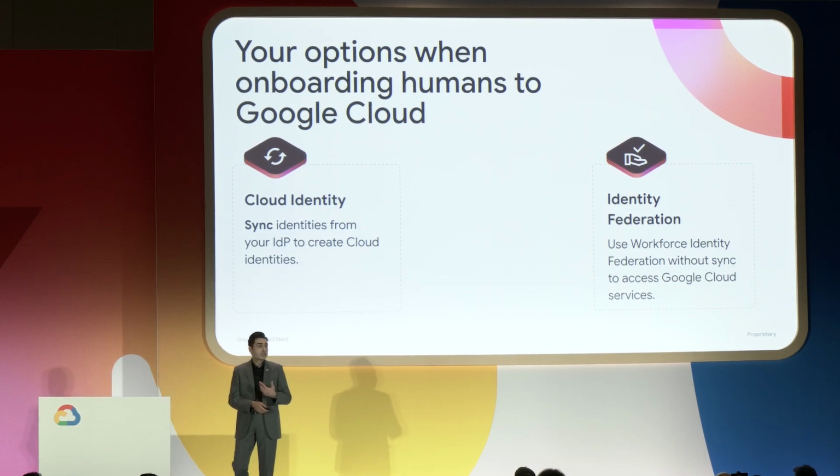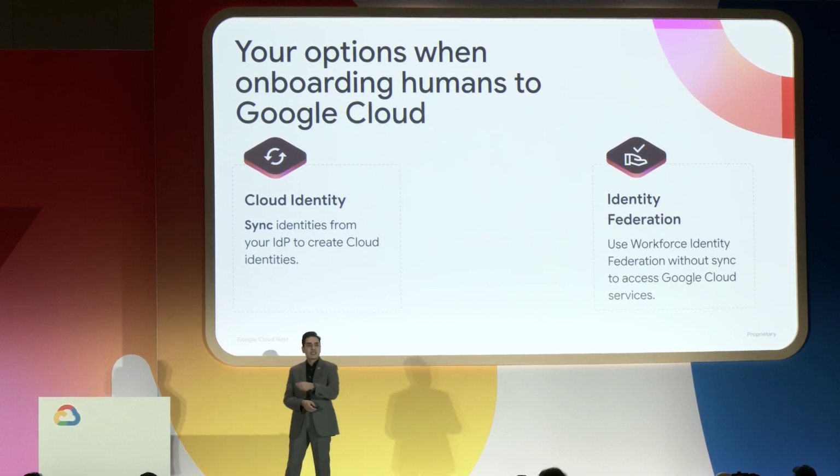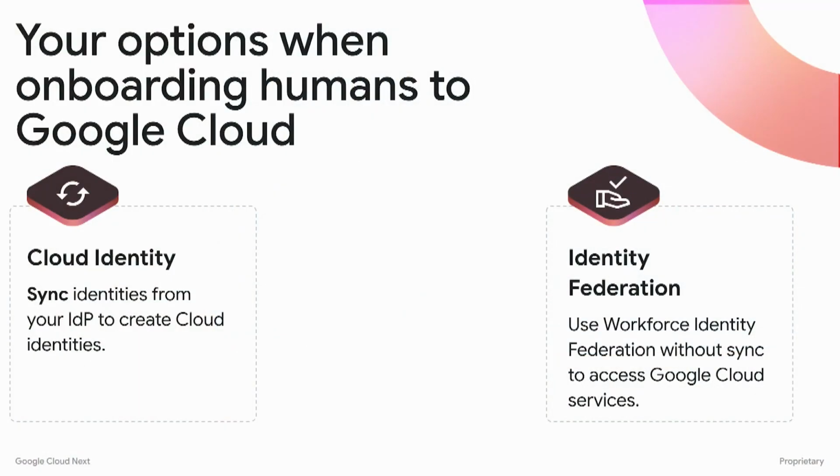What Identity Federation allows you to do is use your existing IDPs, Entra ID, Okta, with Google Cloud products without having to synchronize the identity. So the user group information stays in the source IDP. There's only one source of truth. You're not having to certify or test any new additional infra from your cloud point of view, but you can very quickly get started with Google Cloud by using Identity Federation.